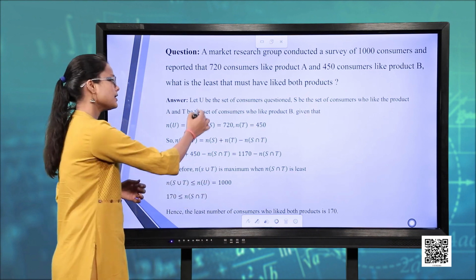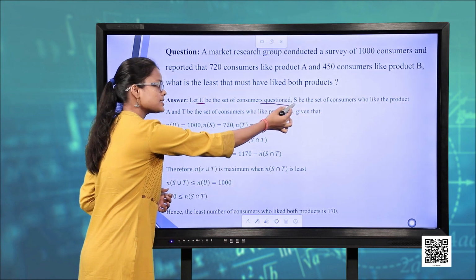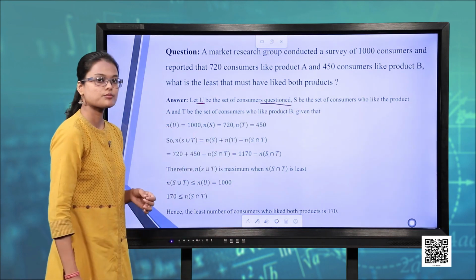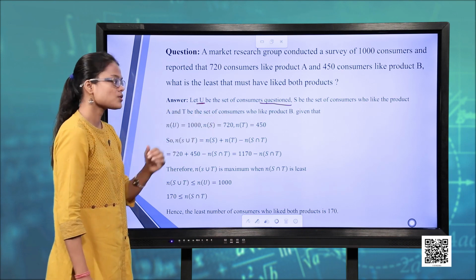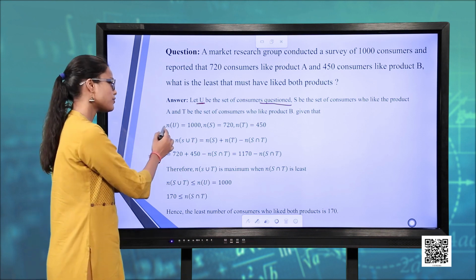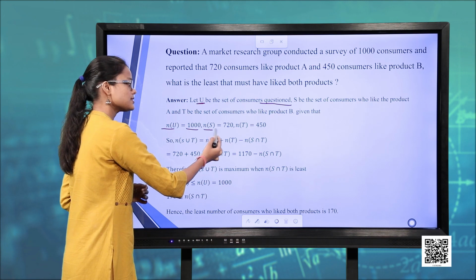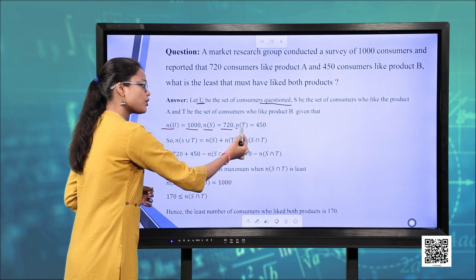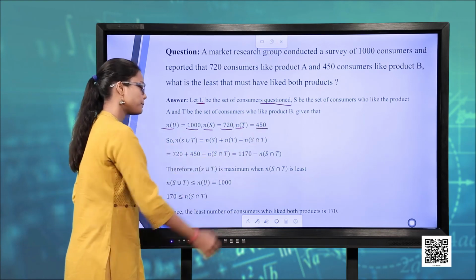Here, let U be the set of all those consumers who were questioned, S be the set of consumers who like product A, T be the set of consumers who like product B. So, according to the question, number of elements in U is 1000, number of elements in set S is 720 and number of elements in the set T is 450.